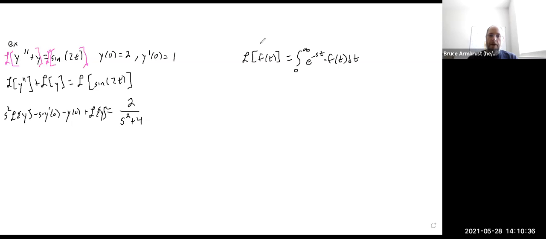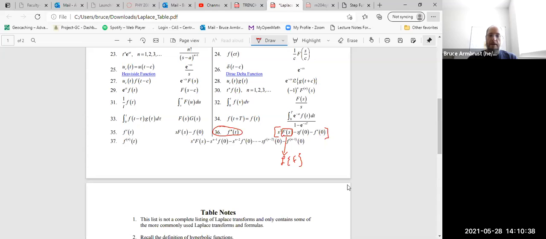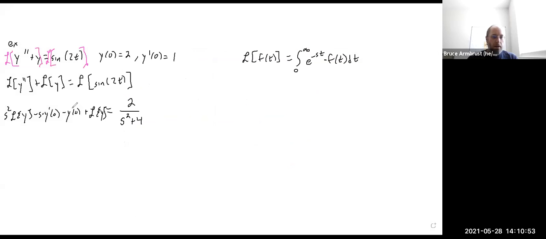Okay, so let me just bounce back here one more time so you can see it. Oh, I did have those right the first time, I'm sorry. So s squared times the Laplace transform of y minus s times y of 0 minus y prime of 0. All right, so what this is going to let us do now is solve for the Laplace transform of y.